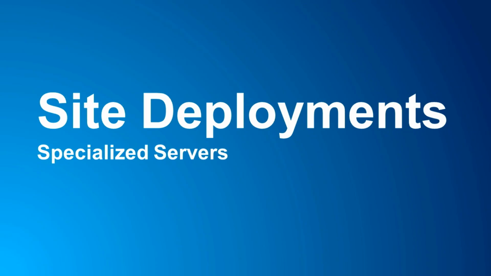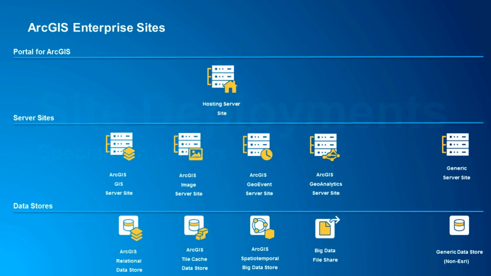I'll build on some of the discussion that David already had and some of the base that he laid. We mentioned the base deployment and the different specialized servers and the different licenses that you apply. Translating this to Cloud Builder, these map to individual sites. Each deployment is an ArcGIS Server site.